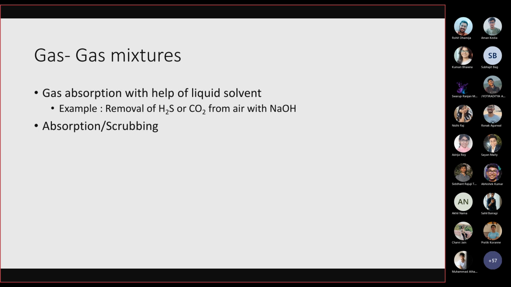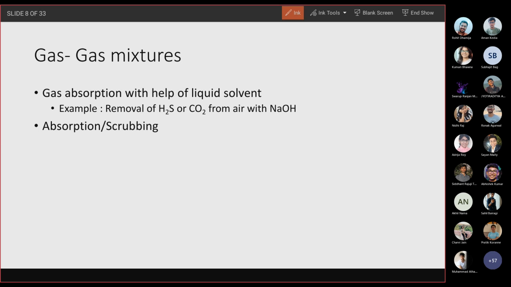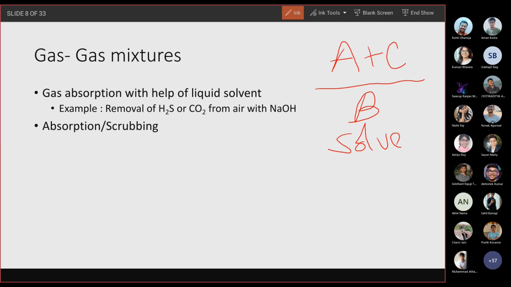So we have two components, A and C. One is the solute, another one is the non-solute, and we have the solvent. So B is the solvent.